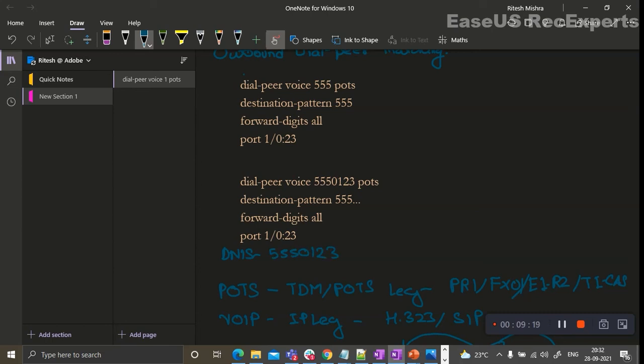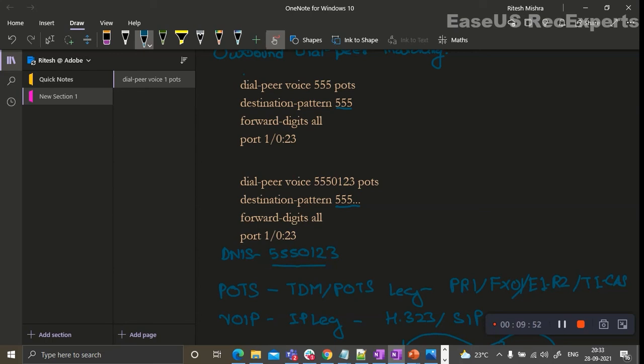If you have two dial peers configured with destination pattern 555 and 555 dot dot dot, which dial peer should be selected for this called number, which will be going out through this port 1/0, a PRI port? The dial peer selected can be both, and I'll explain why.